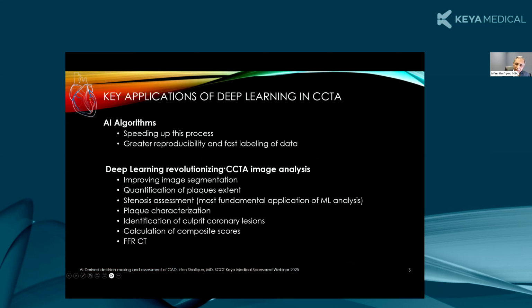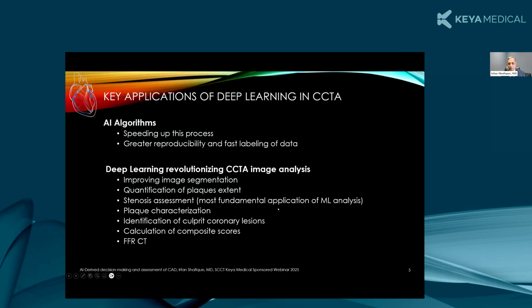AI algorithms have really sped up this process, with greater reproducibility and fast labeling. Deep learning has literally revolutionized CT imaging by improving image segmentation, quantification of plaque extent, and stenosis assessment.